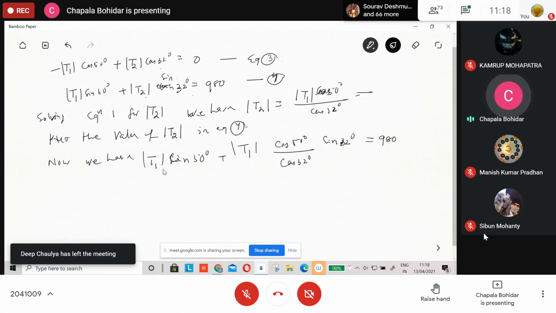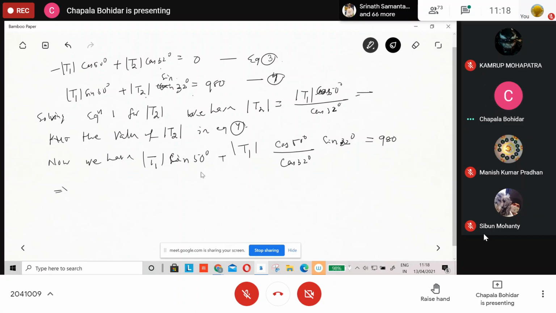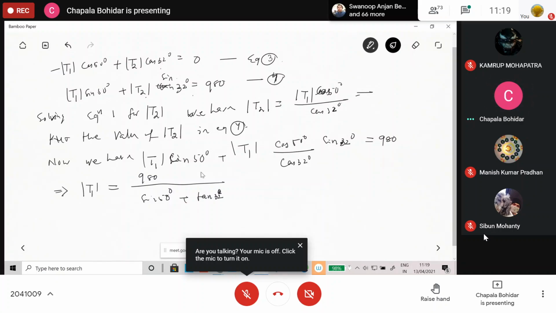If you take T1 common here, this implies T1 is equal to 980 divided by sin 50 plus, taking T1 common, cos 32 degree, sin 32 degree, tan 32 degree, then cos 50 degree.